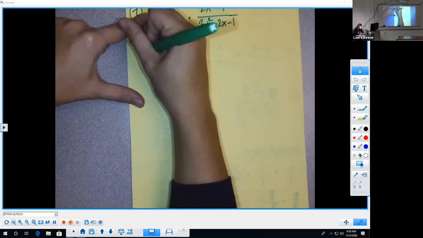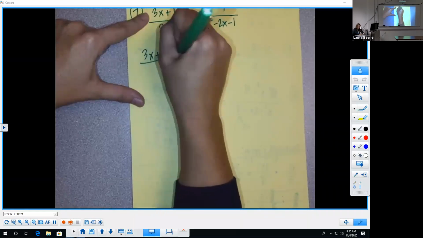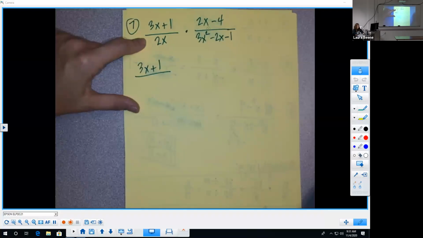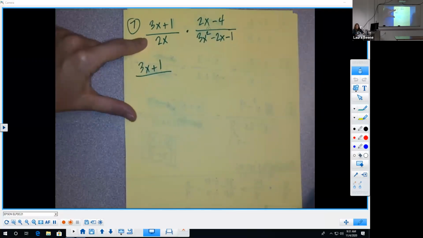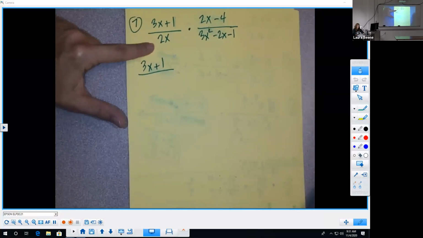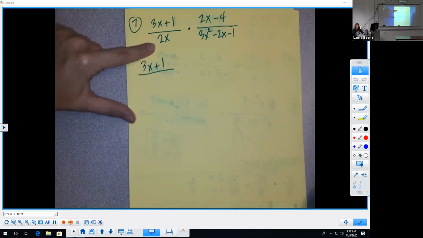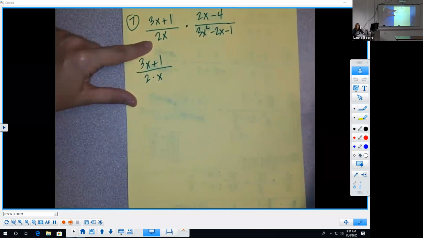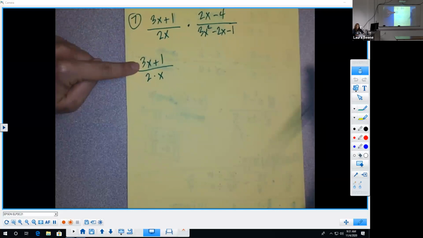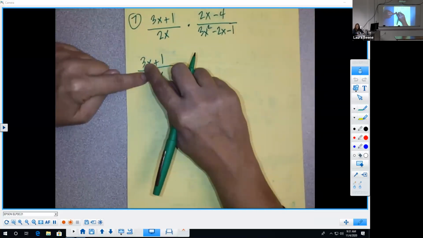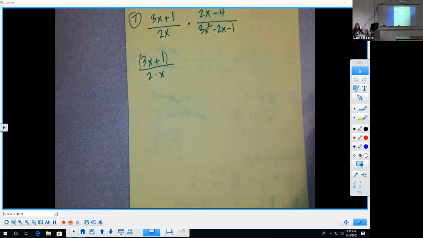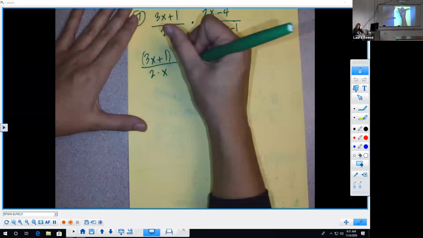No, so I'm just going to rewrite it as 3x plus 1. Look at the bottom of the first one, 2x, can that factor? No. One thing about 2x though, are there any plus or minus signs there? No, so that's actually two pieces. That's like 2 times x, just FYI. Like I could cancel out just the 2 or cancel out just the x. I couldn't do that on top with the 3x and the 1. I can't separate those because that is one piece right there. Does that make sense? The difference between multiplication and addition and subtraction.